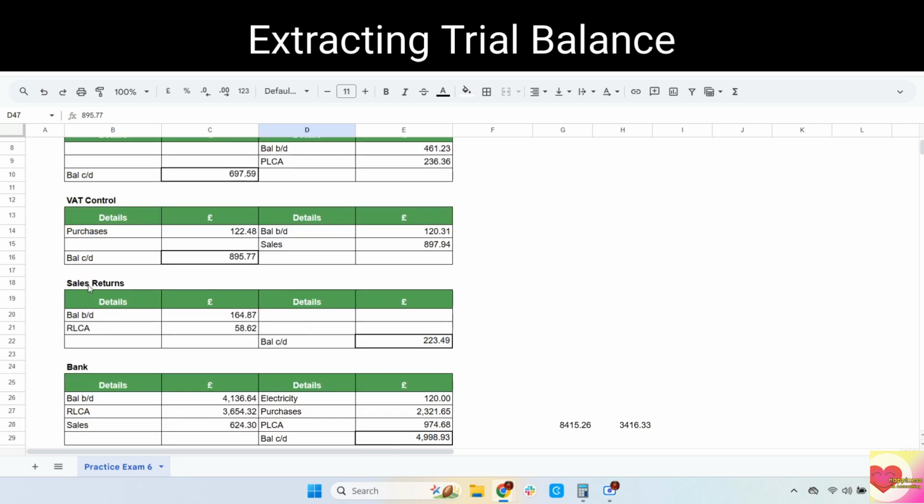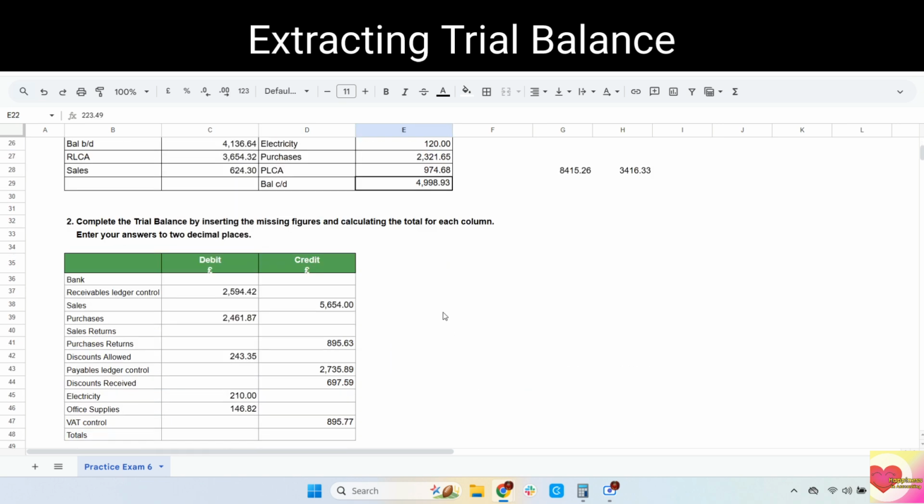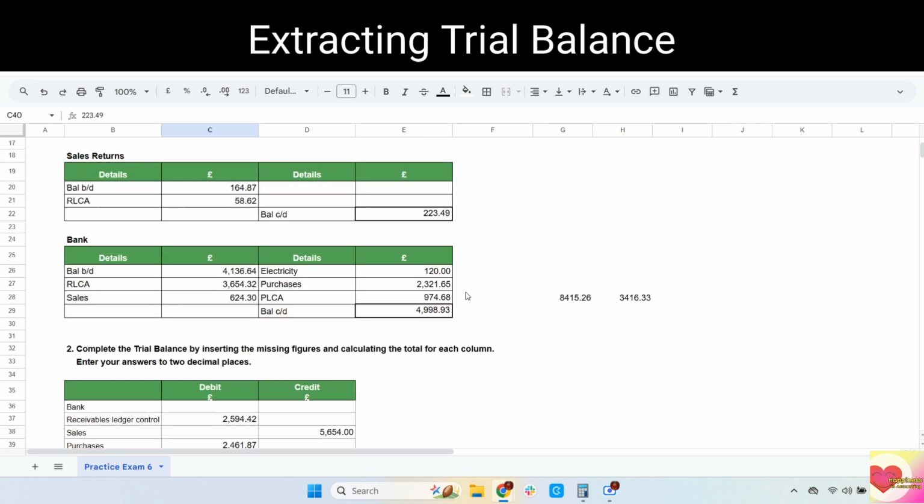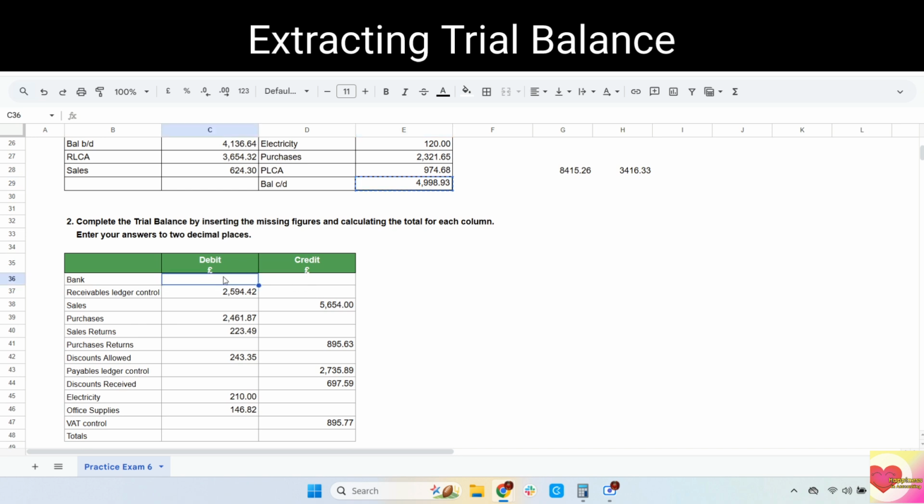Next is sales returns account. Our balance carried down is in credit, so the balance brought down will be on the opposite side, which is debit. So let's enter this amount in debit. And the last is the bank account. Our balance carried down is in credit, so the balance brought down will be on the opposite side, which is debit. So let's enter this amount in debit.